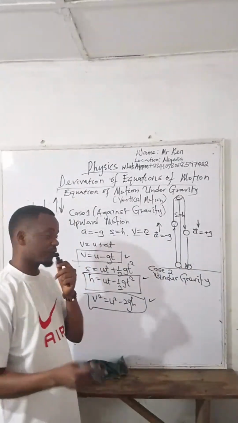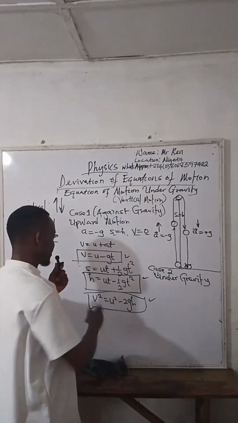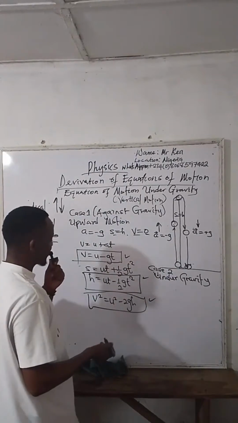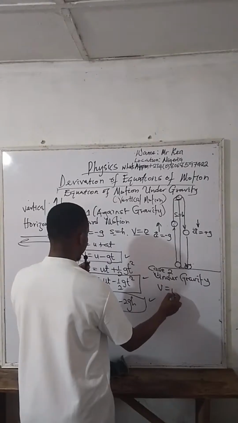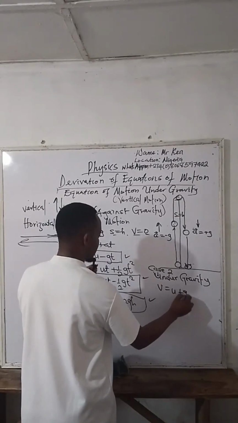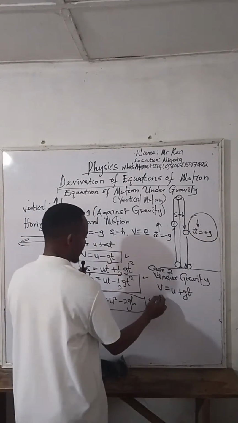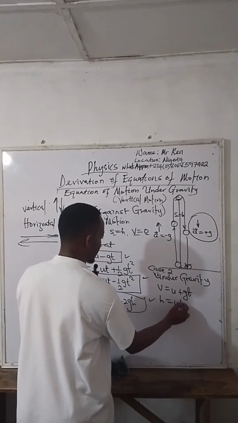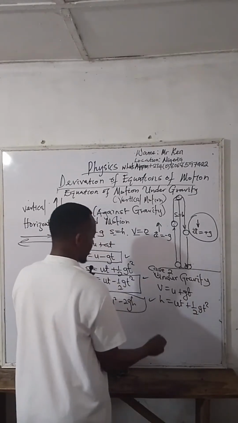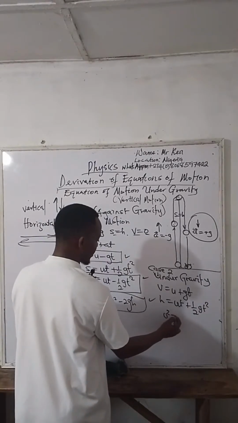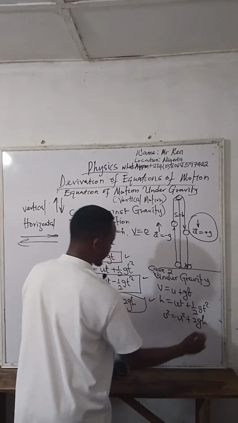So since it is now under gravity, we write v is equal to u plus gt. Then h is equal to ut plus 1 over 2 gt square. Then v square is equal to u square plus 2gh.